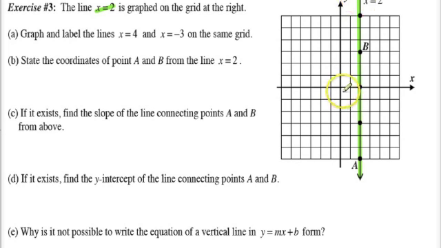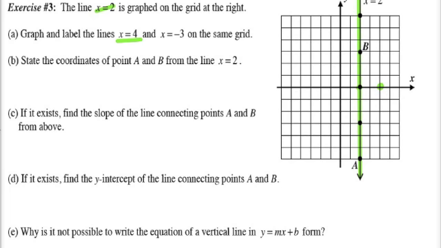Well, x equals 2 goes through the x-axis at 2. So you're simply going to plot a point at x equals 2 and graph the line. So when we look at x equals 4, we're going to do the same thing. X-axis, 1, 2, 3, 4, plot the point.